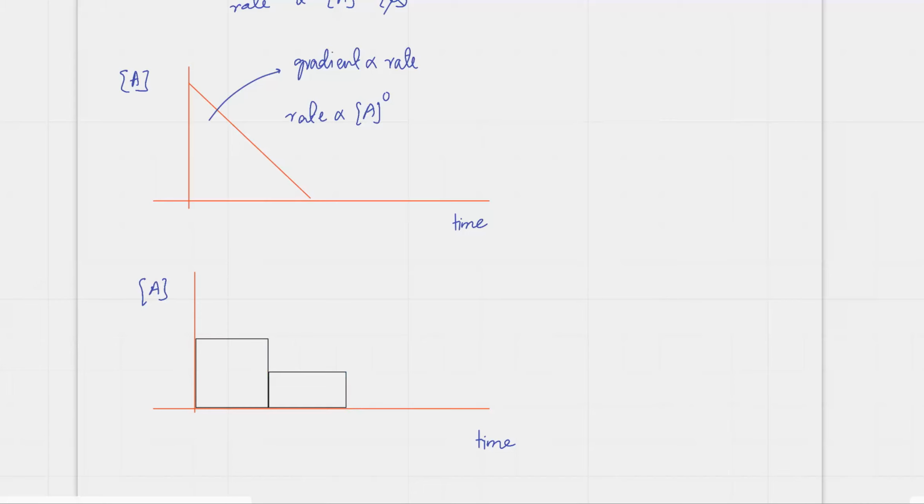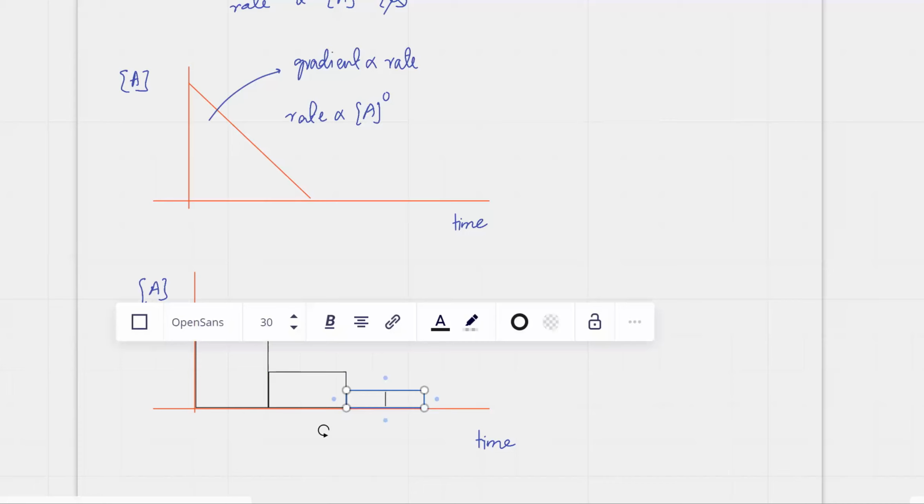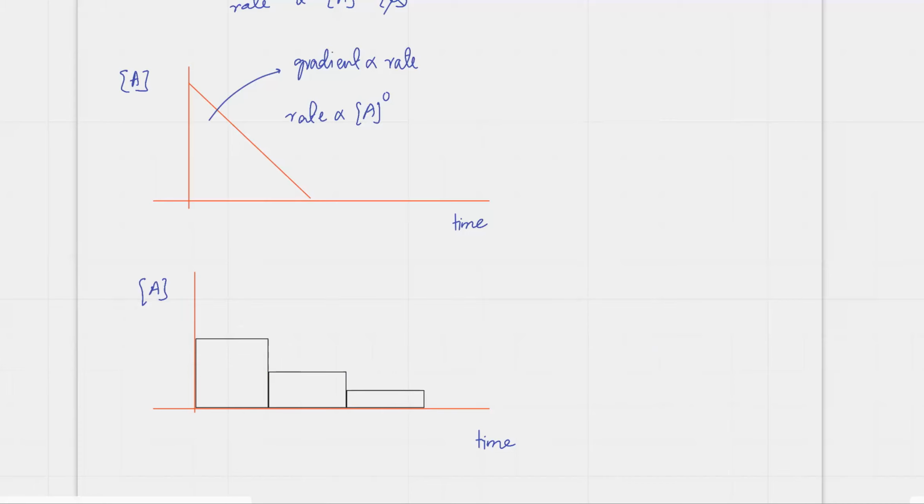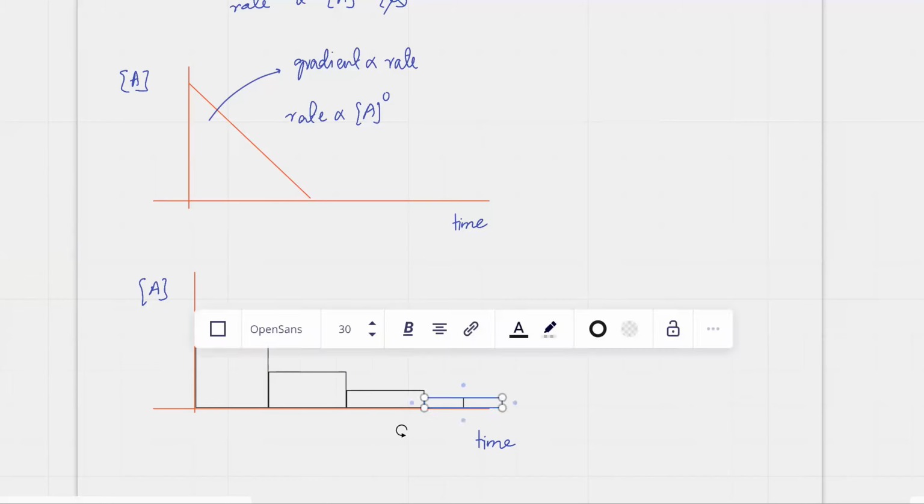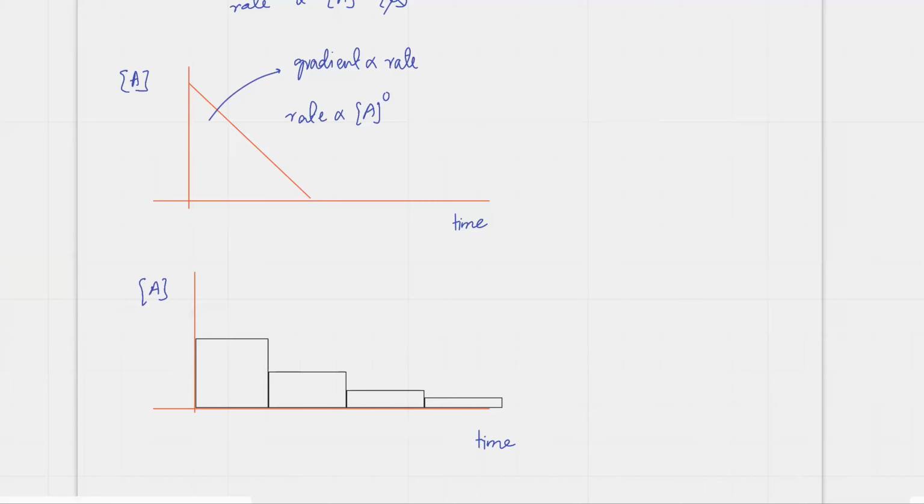Here, all these boxes have a fixed length. And one more. So I think that's enough.